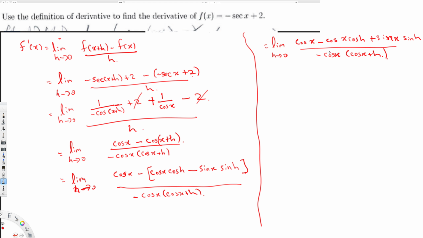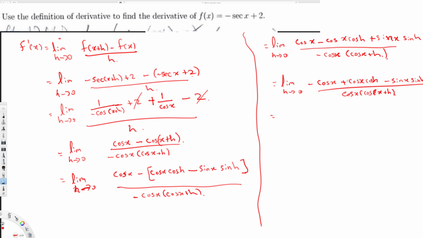Now to get rid of this negative sign, I can divide everything by negative, so it's going to be limit h approaches 0 of minus cos x plus cos x cos h minus sin x sin h, over cos x cos of x plus h.